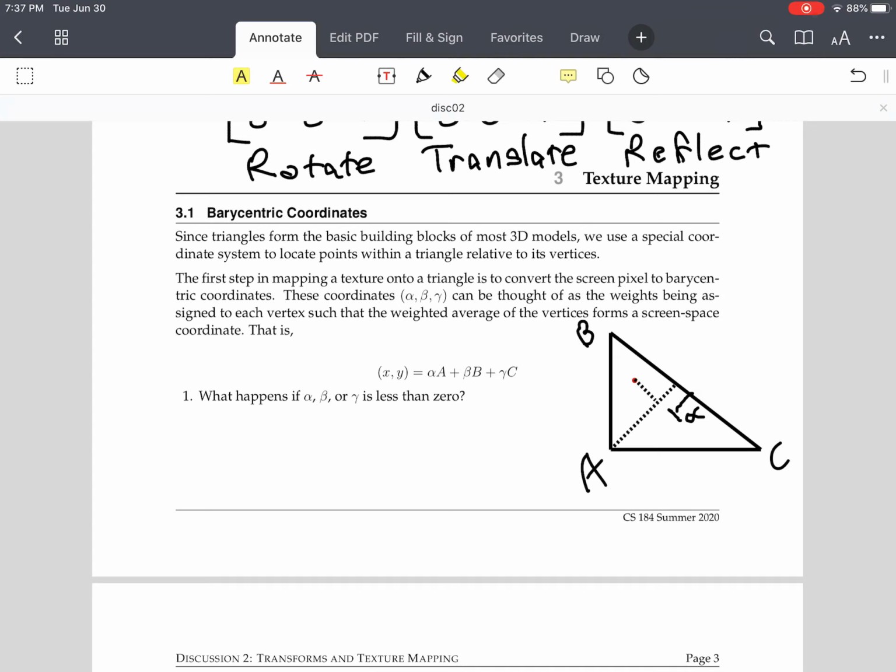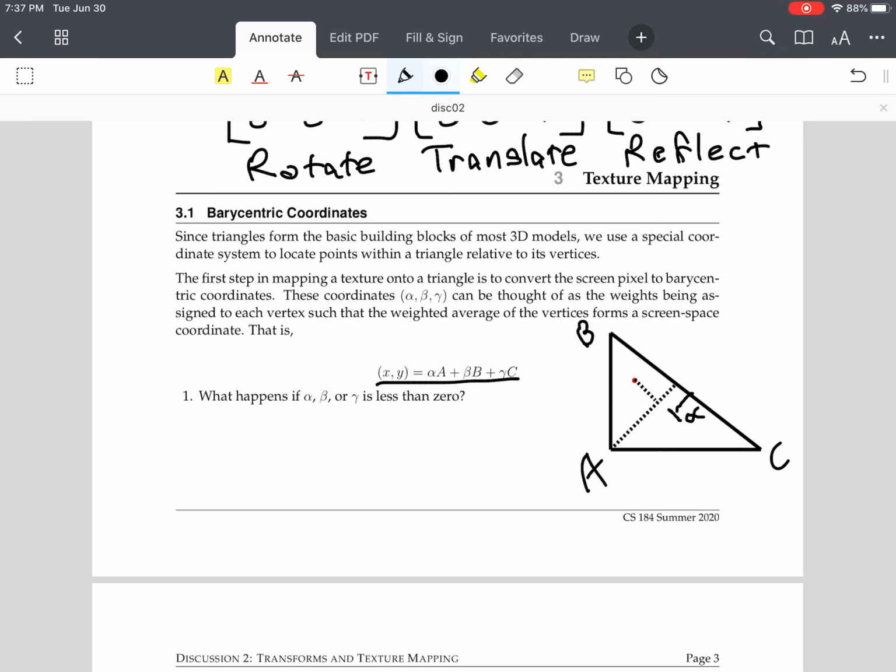It's an alpha, beta, and gamma value, and they can be thought of as weights being assigned to the vertex. So if you look at this equation right down there, the position xy is equal to essentially a weighted sum of the 3 vertices of the triangle, and alpha, beta, and gamma tell us how much to weight each of these points.